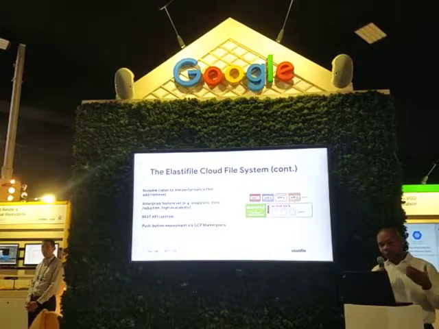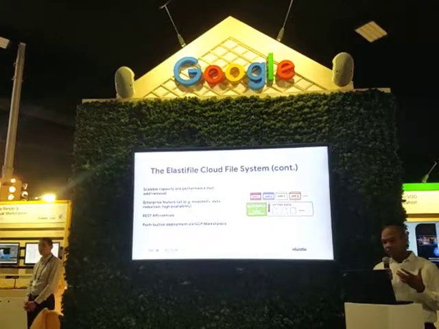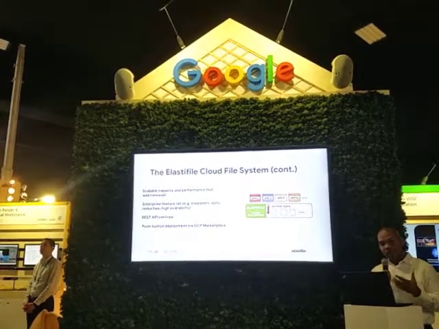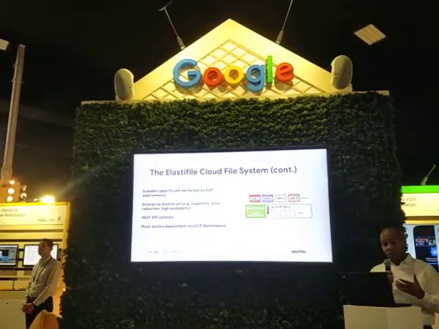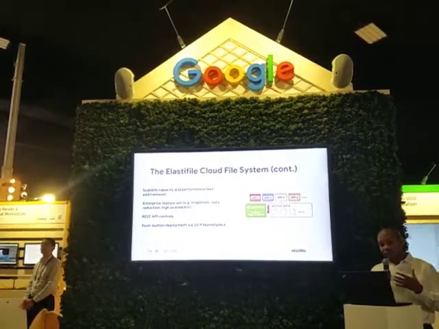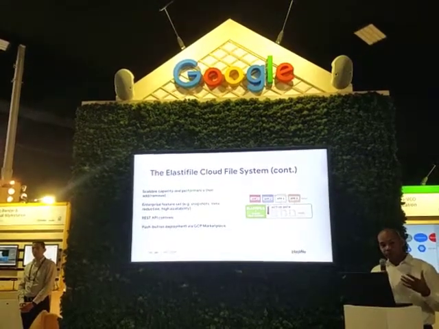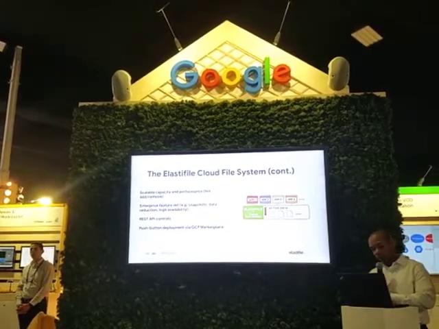Press the button, we'll spin up the associated infrastructure seamlessly in the background and present your applications with an NFS mount point so they can interface with that storage in exactly the same way that they would interface with a storage appliance on premises. But now leveraging all the scalability of the cloud and all the ability to apply additional CPU and memory resources to get those jobs done more quickly.